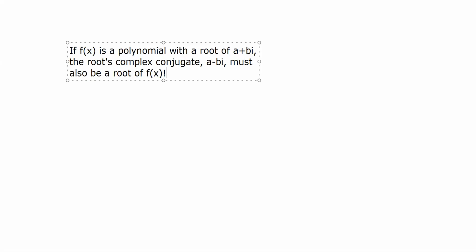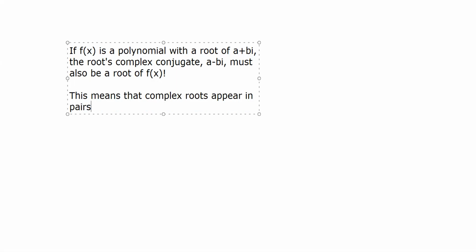You can't just have it once. You can't just have one conjugate root. You have to have its partner, its sister, its conjugate as well. It's just not possible otherwise. This means that complex roots appear in pairs. You can't have one without the other, as Frank Sinatra once sang.